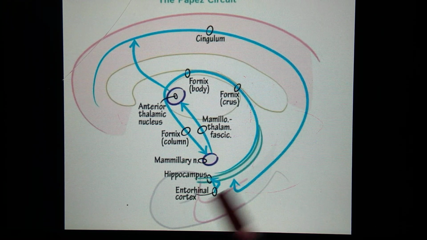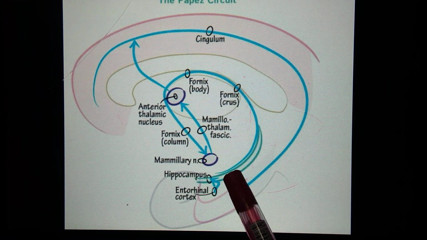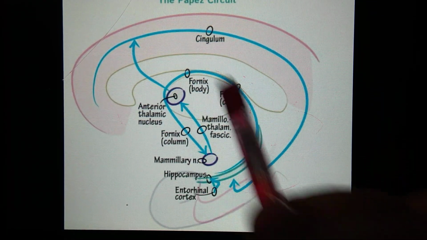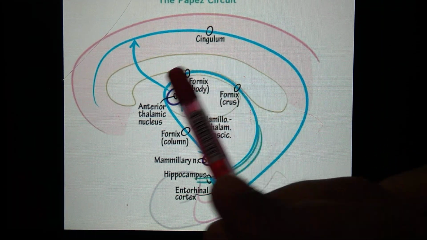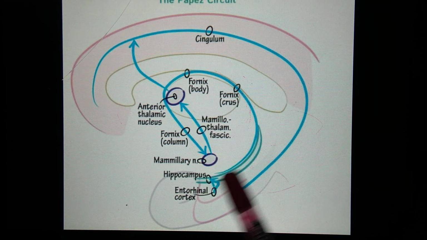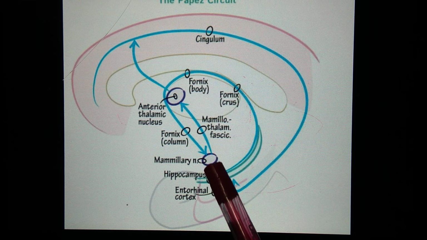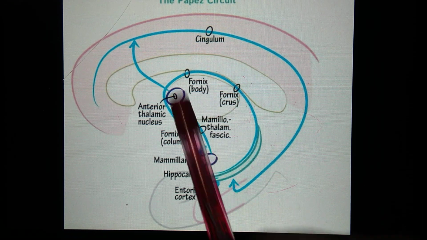From the hippocampus, the white fibers originating are called the fornix. Information goes from the hippocampus to the mammillary body, or mammillary nucleus of the hypothalamus, via this fornix, and then from the mammillary nucleus to the anterior thalamic nucleus via the mammillothalamic fasciculus or mammillothalamic tract.